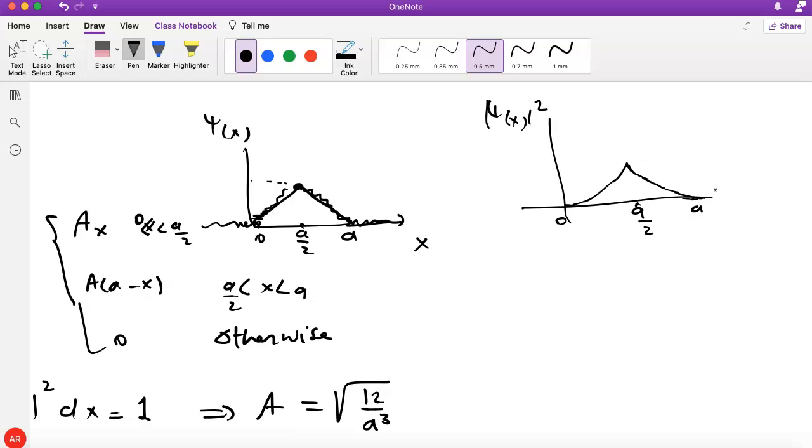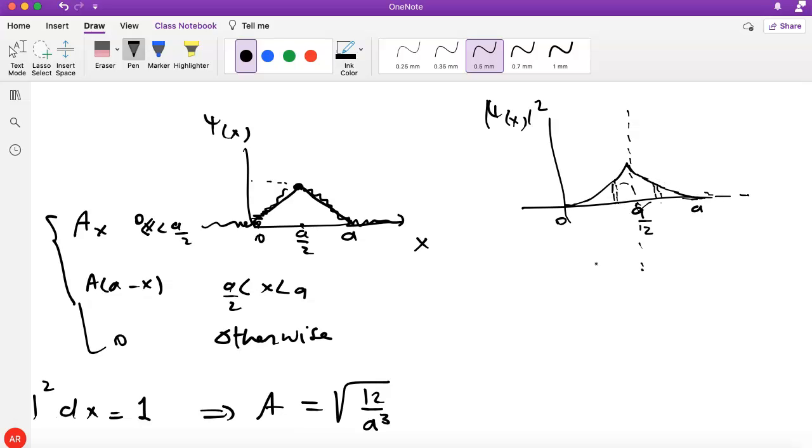So already without doing any calculation, we see that this distribution is symmetric around a over 2. Once you're doing the average, for any interval some distance x to the left of this symmetry line, there's a tiny interval the same distance to the right with the same probability.